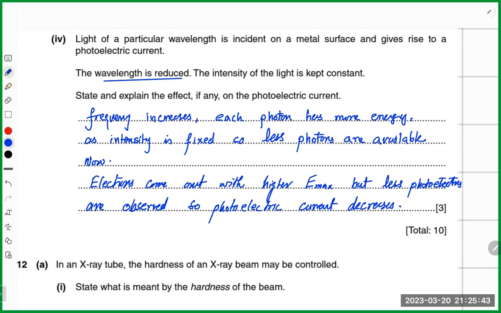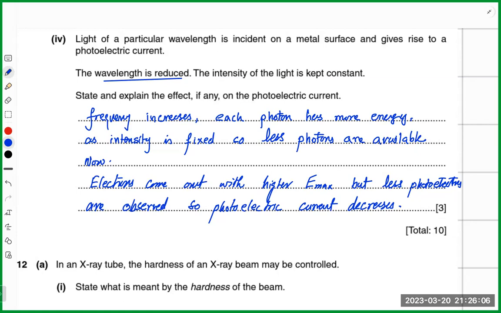Actually, when wavelength is reduced, it means photon energy is increased. But he has kept the intensity constant. It means the total power is same. So if power is same and each photon has more energy, it means the number of photons should decrease.